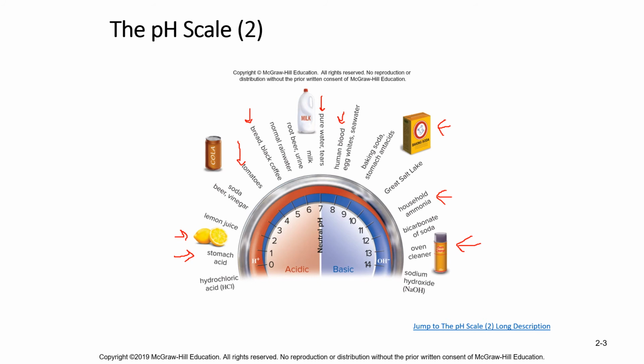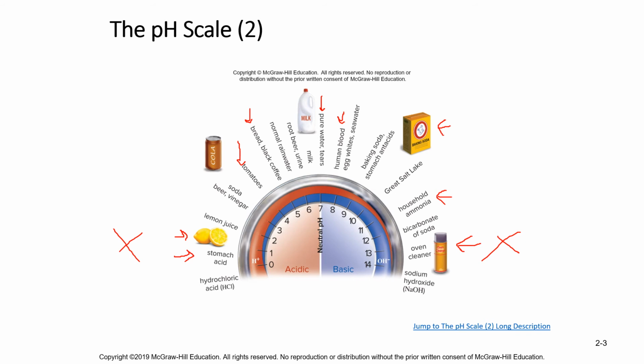Both extremes are dangerous, or can be dangerous. They can be caustic, and they can burn your skin. They can also cause irritation, extreme irritation to eyes. It could cause you to go blind if you got oven cleaner in your eye, for example.